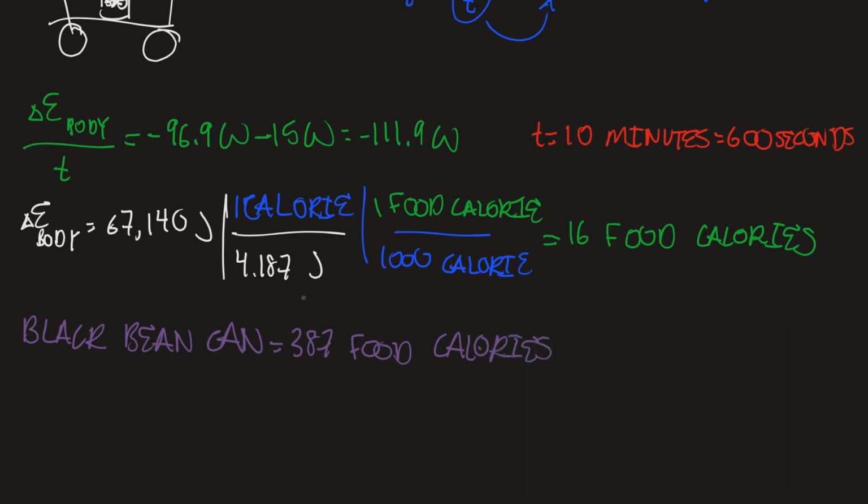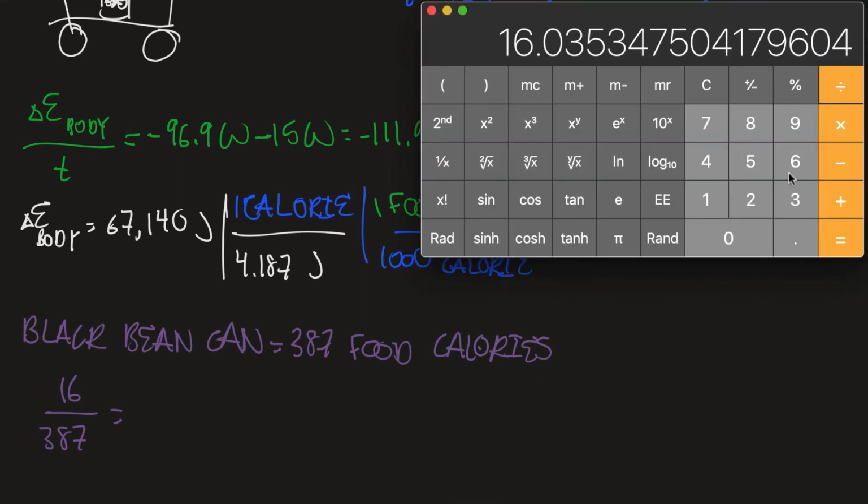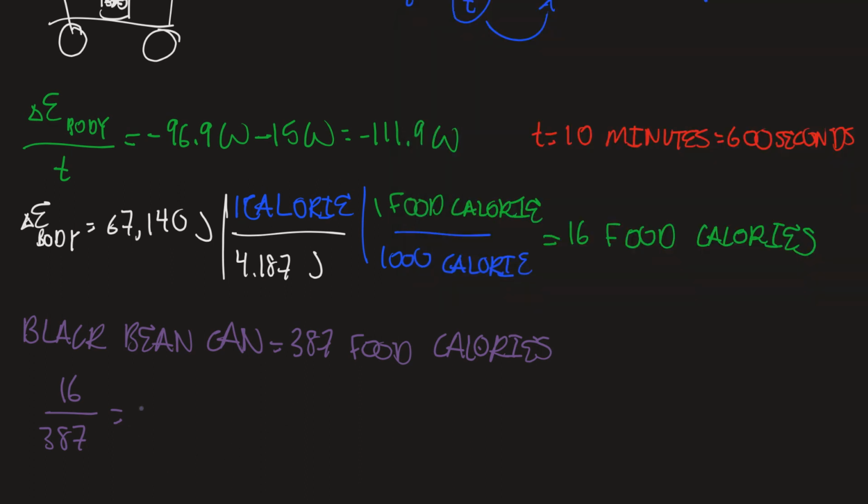So 16 divided by 387 gets us to about 4.14%. So that means we need the same amount of energy that's in 4.14% of that can of black beans in order to fuel our purchase of the actual can of black beans.